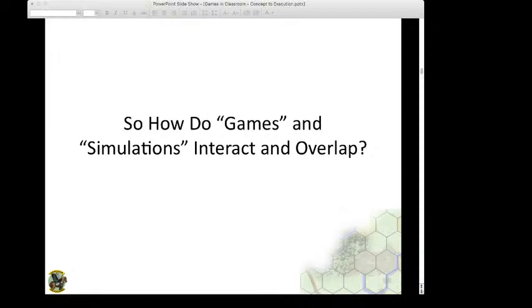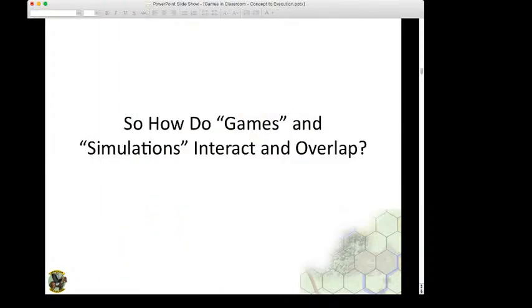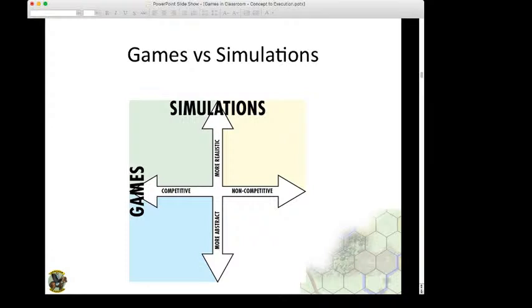So you're totally fine. Yeah, so how do games and simulations interact and overlap as a part of all this? This is a grid that I put together for a column for Battles magazine years ago based on some other more theoretical work that I'd done back when I was at Ohio State. Simulations and games exist on a pair of axes that are not necessarily in mutual opposition to each other.